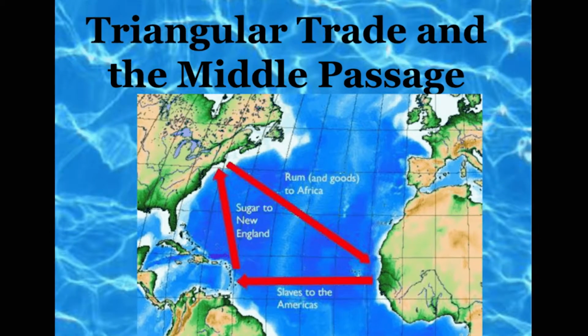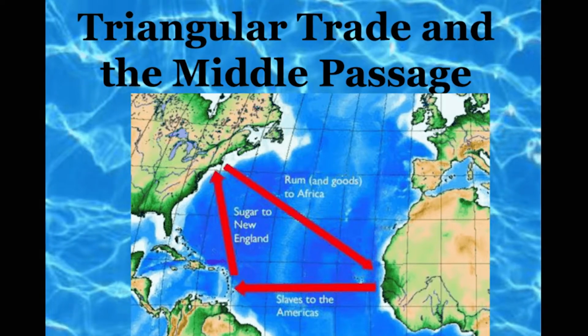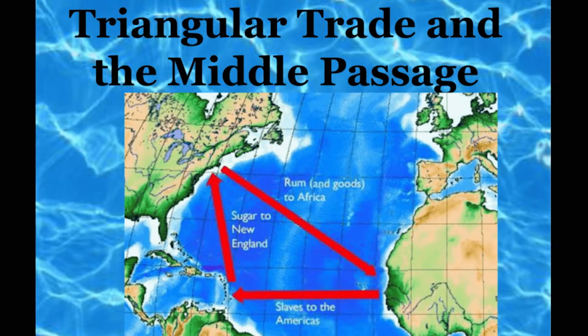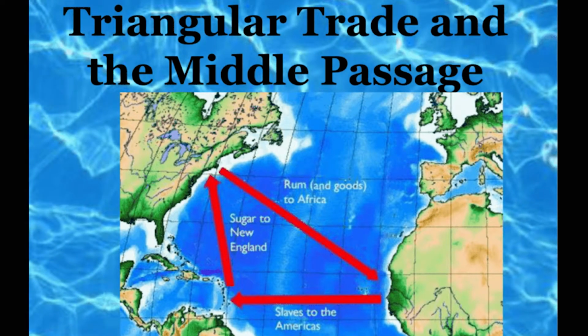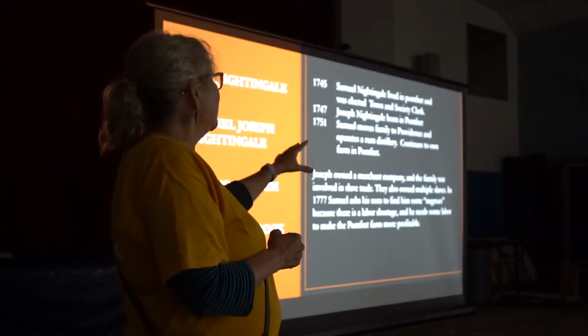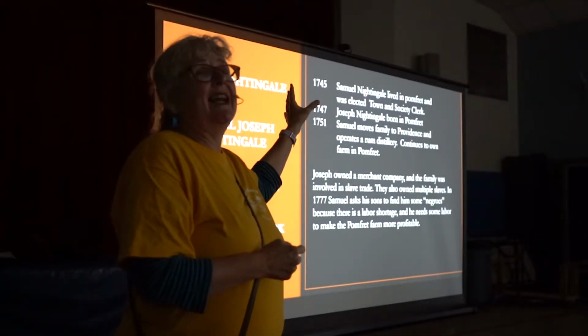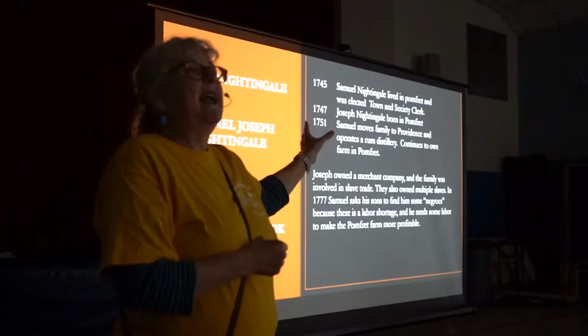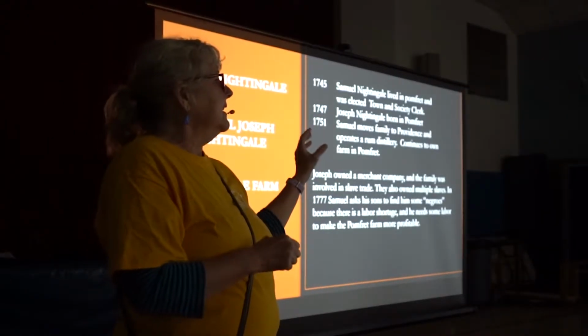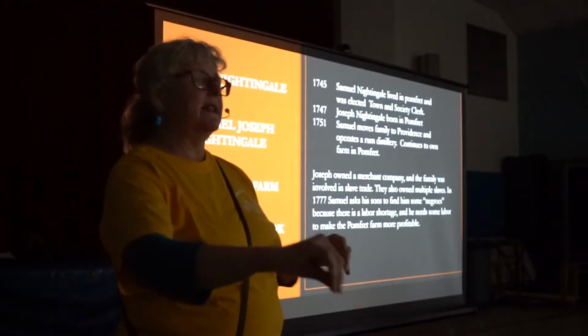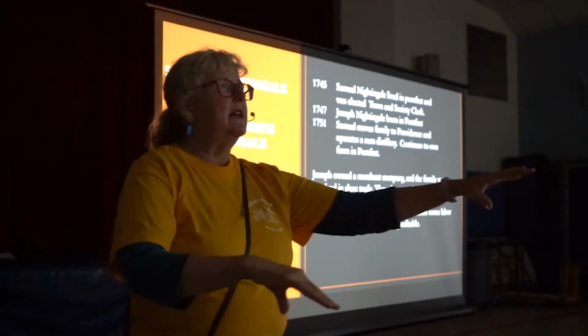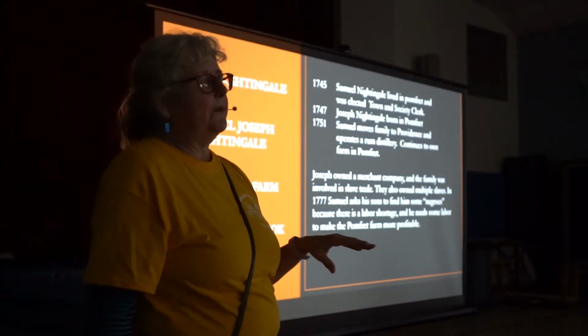There were many families, many of these families that we're talking about, had ties to the slave trade in Rhode Island. So Samuel Nightingale's tie is that, of course, and the rum, the sugar, the slaves, the West Indies, the Caribbean, West Africa, they're all tied together.